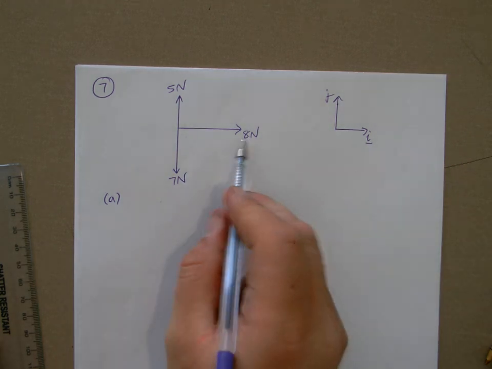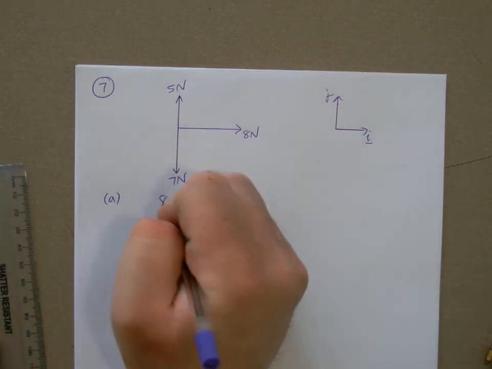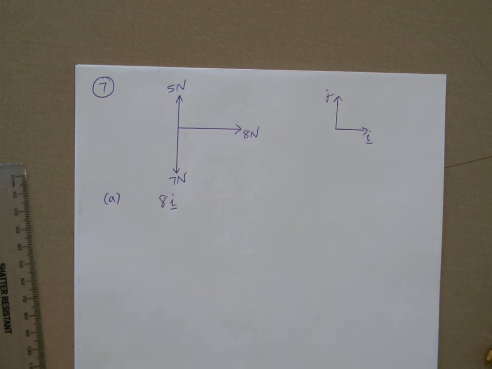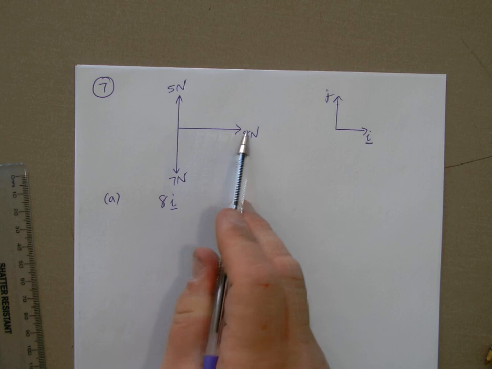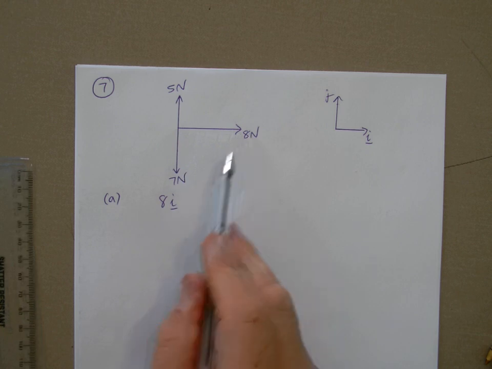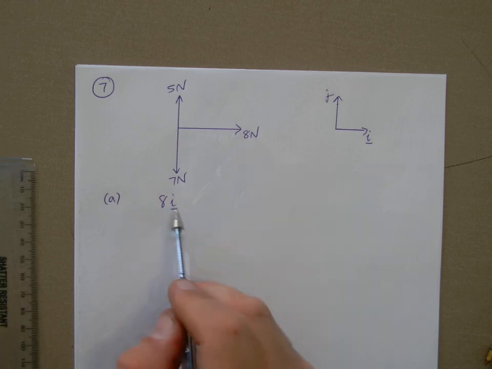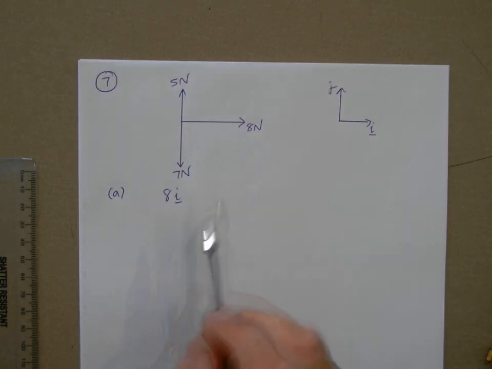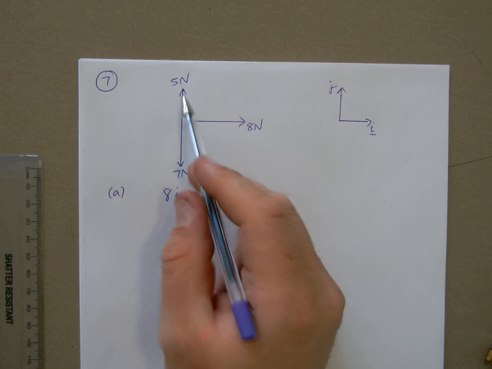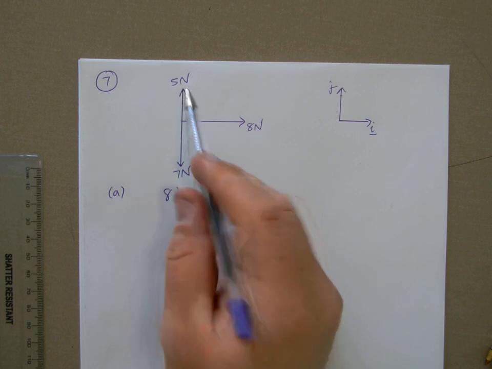So in this case here, I've got 8 lots of i, if you think about it. Because we're not just going 1 unit in the x direction, we're going 8 units in the x direction. And we put i then to represent the fact that we are going this way in terms of the force. Now, with regards to the other two components, these are going in the y direction, aren't they?